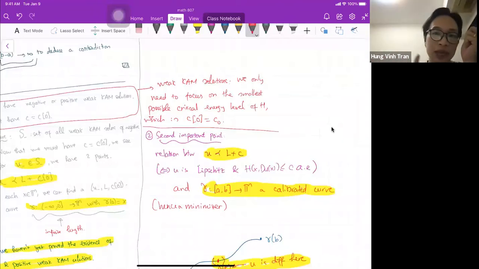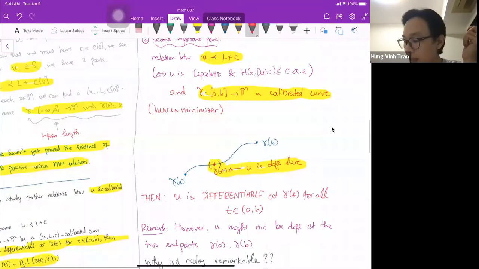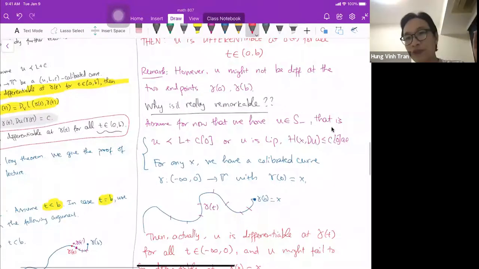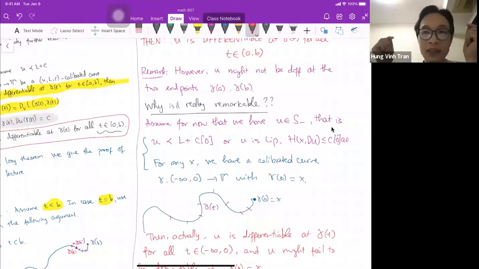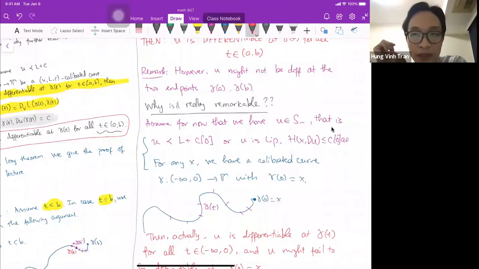It turns out that the calibrated curves give us points where the function U is differentiable, except the endpoints. And especially in the case that if you have a whole ray going from -infinity to 0, then your function is differentiable everywhere except the endpoint of the ray.